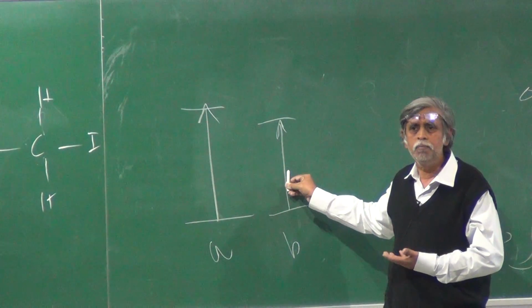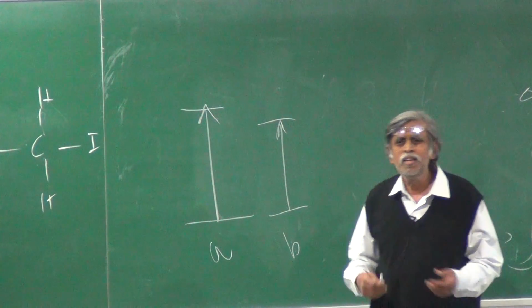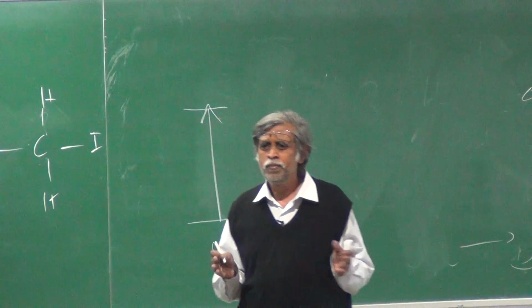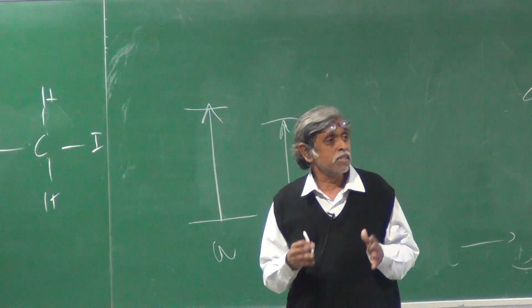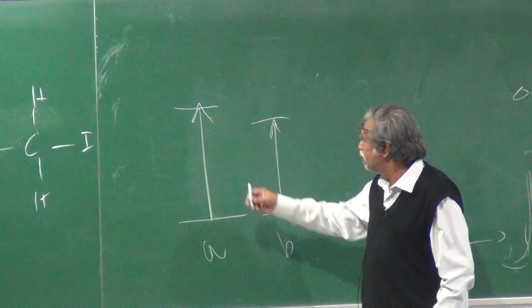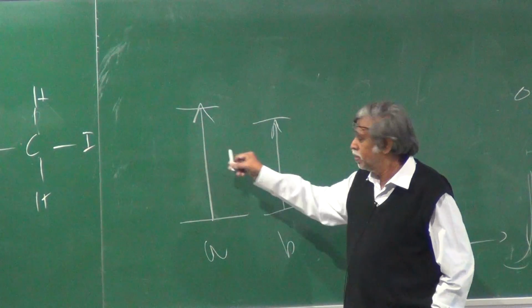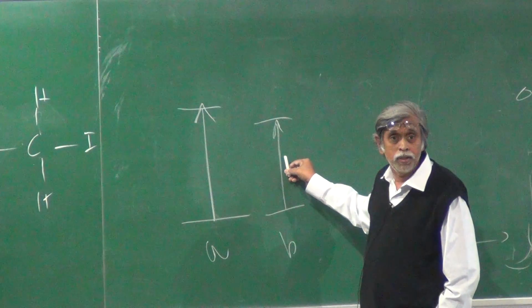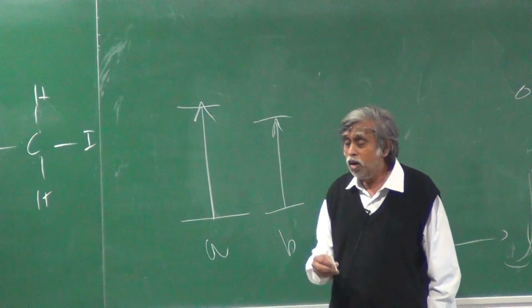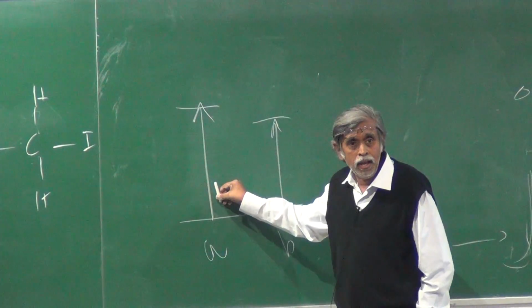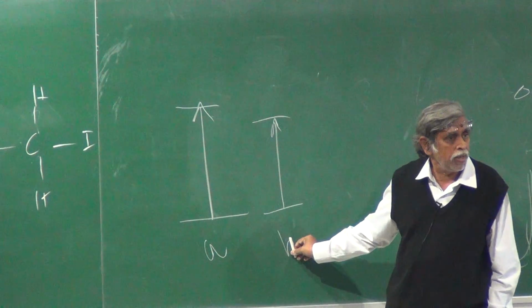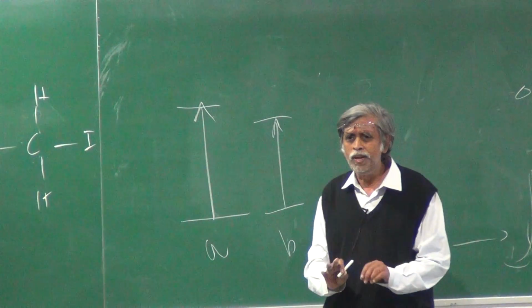Fewer molecules of this type, less absorption, provided the probability of absorption is the same. Let's assume that the probability of absorption is the same. In that case, how much light is absorbed here versus here is a direct measure of how much of compound A and how much of compound B I have. Very straightforward, very simple.